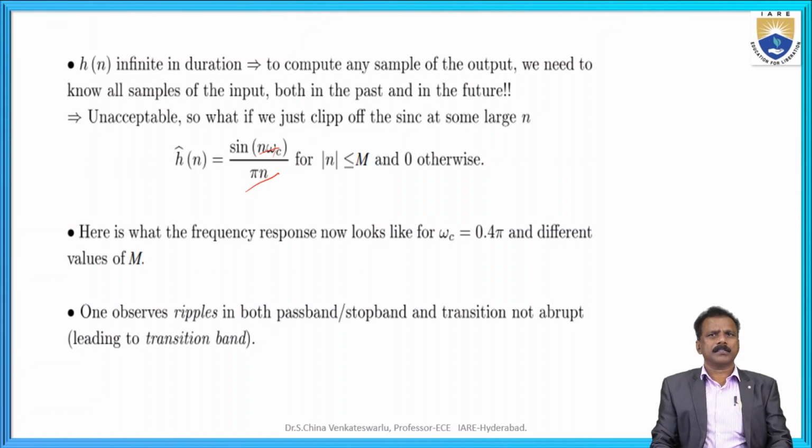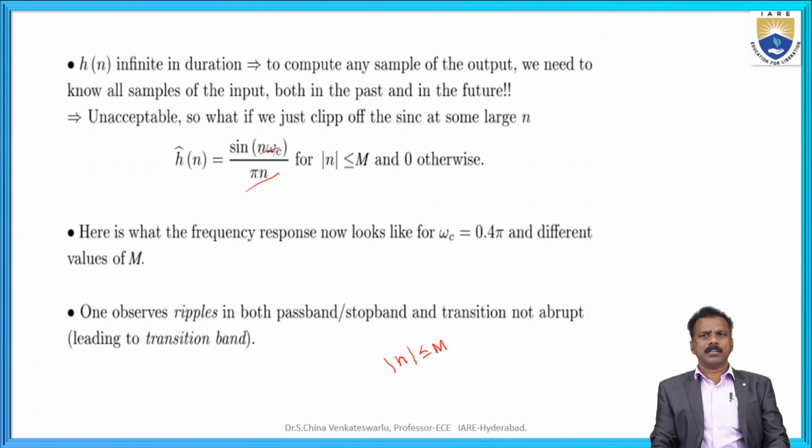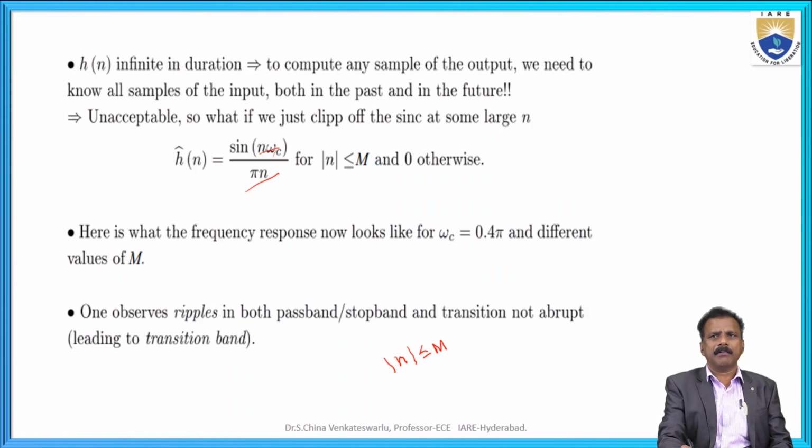Here is what the frequency response now looks like for typical values of omega c, that is, substitute 0.4 pi, and different values of M. We know the condition for mod n less than or equal to capital M, and zero otherwise. If we use different M values, go on varying these M values.